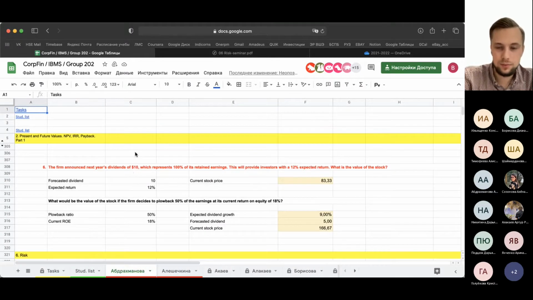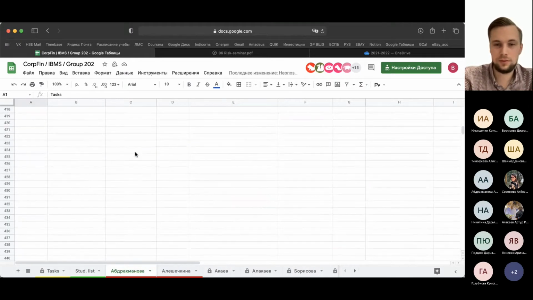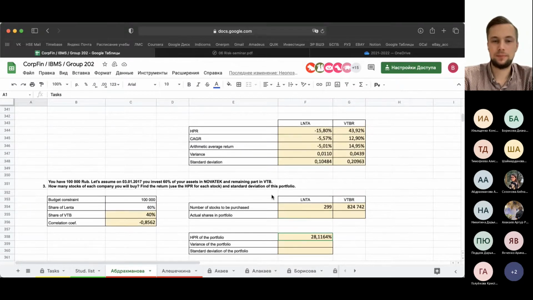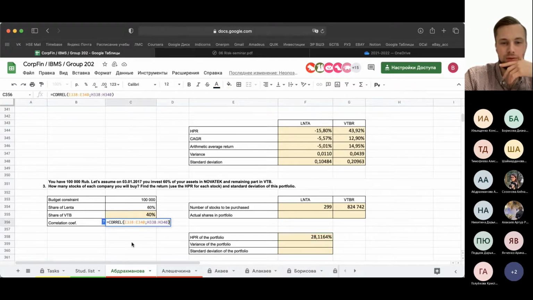Okay, let's do it step by step. Let's first look at the number of stocks. Well, let's start again with the share and the correlation coefficient. So how do we calculate the correlation here?